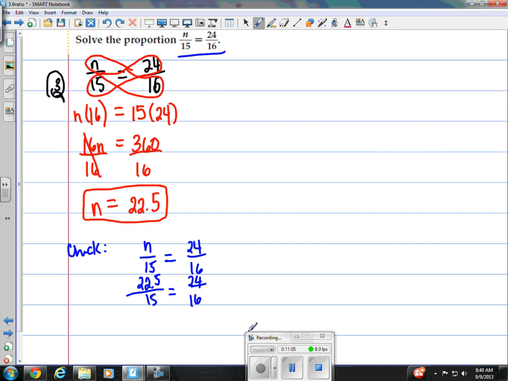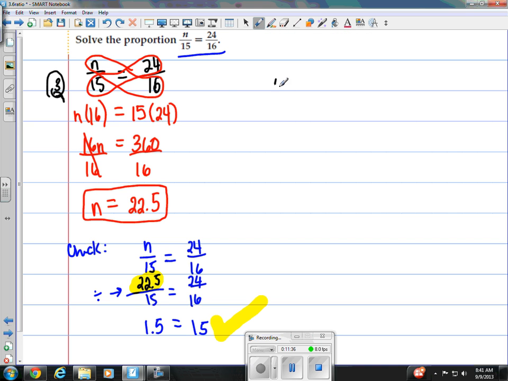Now, remember, there's two ways you can do this check. You can either divide them out or cross multiply them. So I'm just going to divide them. 22.5 divided by 15 gives me 1.5, equals 24 divided by 16, which also gives us 1.5. So 22.5 makes these two ratios proportional, so we check.